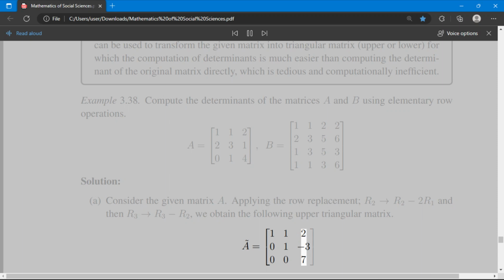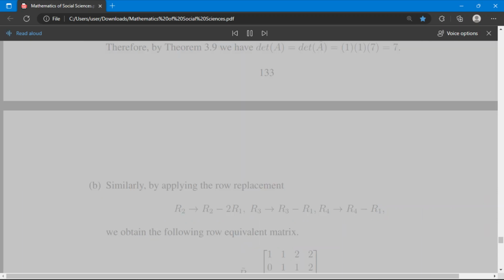A equals 1 1 2, 0 1 3, 0 0 7. Therefore, by Theorem 3.9 we have det A equals 1 times 1 times 7 equals 7.